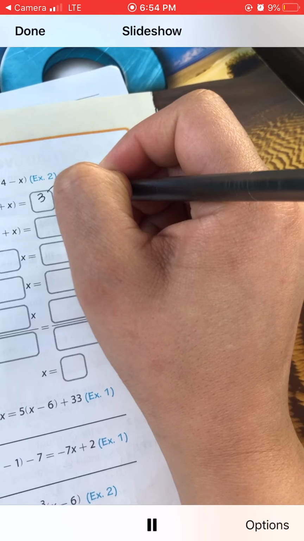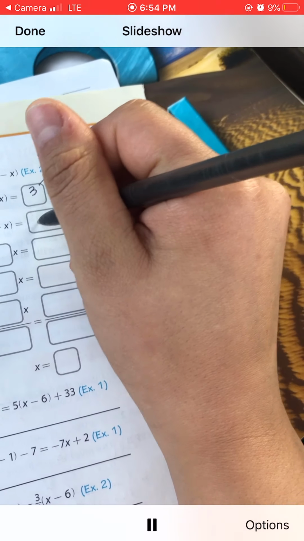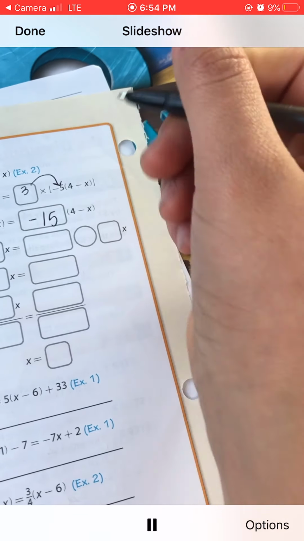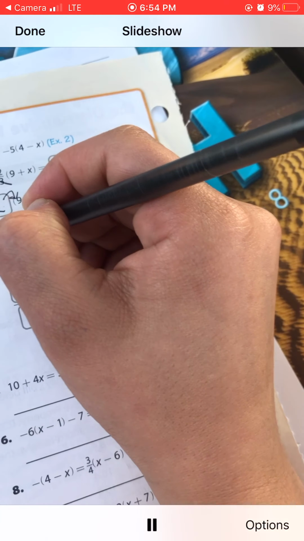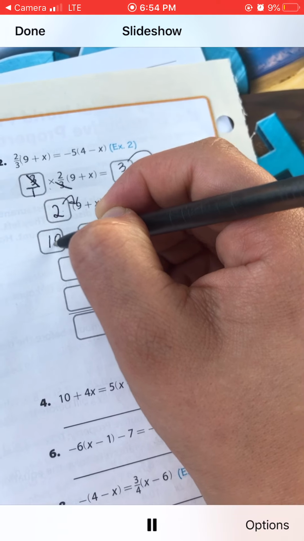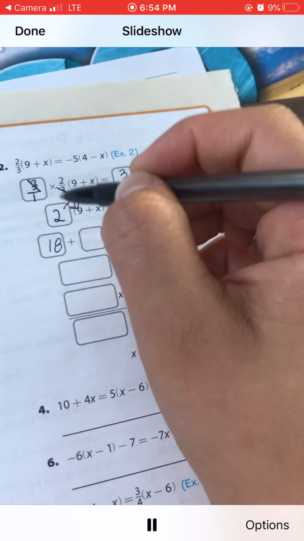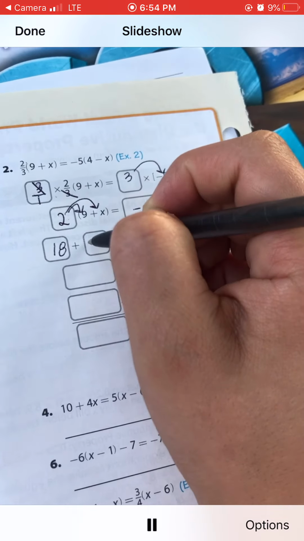And 3 times negative 5 is negative 15. And 2 times 9 is 18. And 2 times x is 2x.